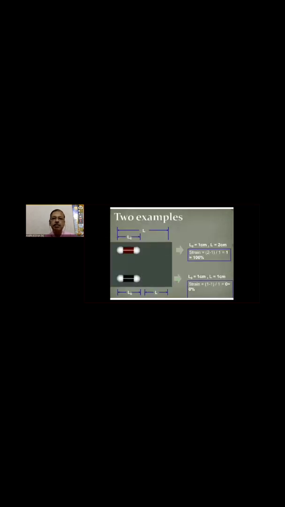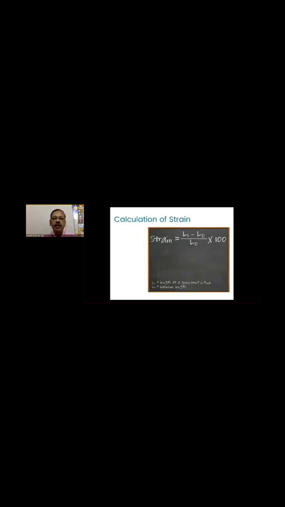So I'll give you an example. Say L0 is 1 centimeter, L is 2 centimeters. The strain is equal to 2 minus 1 divided by 1, that is 100%. But if it remains the same, then 1 minus 1 divided by 1 is 0, that means 0 strain. Now, this is the formula I have already told you, that is L1 minus L0 by L0 into 100.